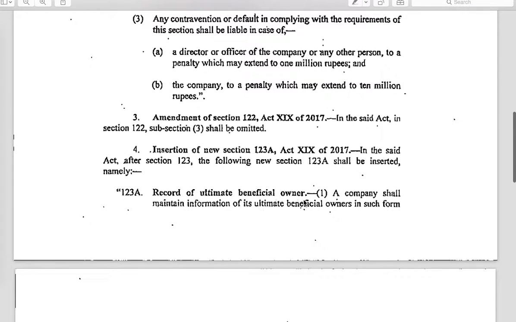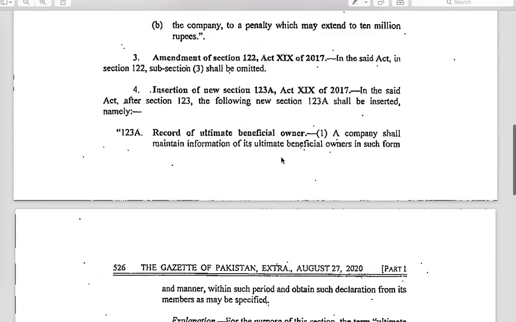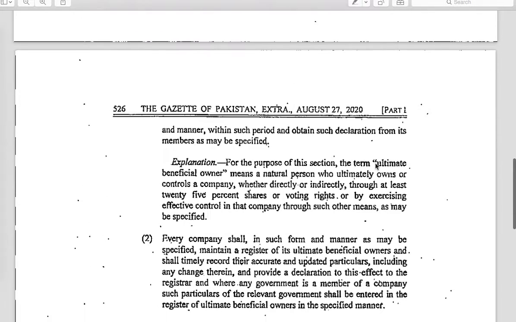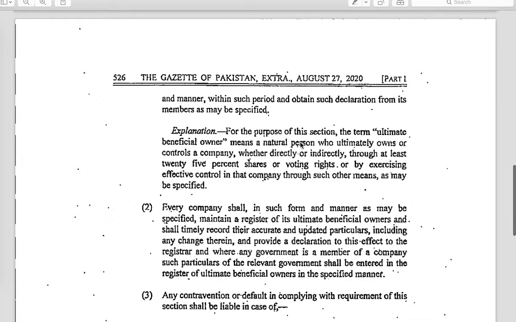Record of ultimate beneficial owner. A company shall maintain a record of ultimate beneficial owners, which means that if the existing shareholders are natural persons and they do not benefit from holding these shares, then the ultimate beneficial owner is someone else.